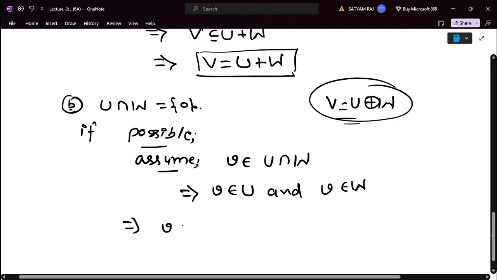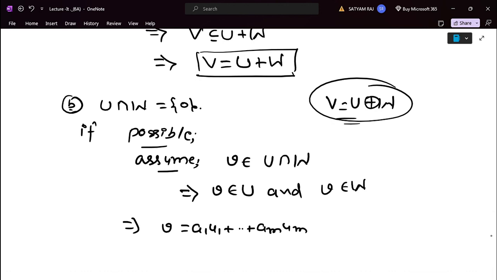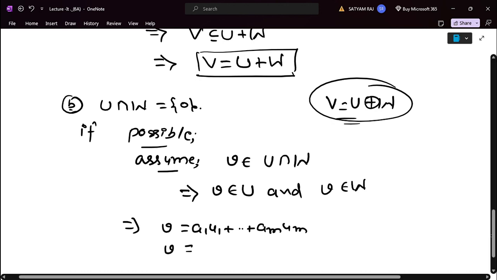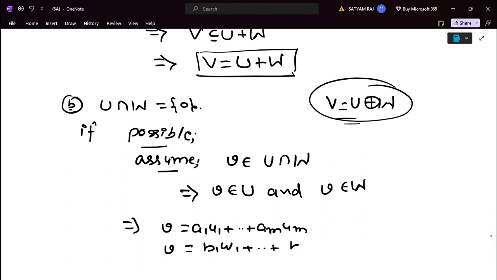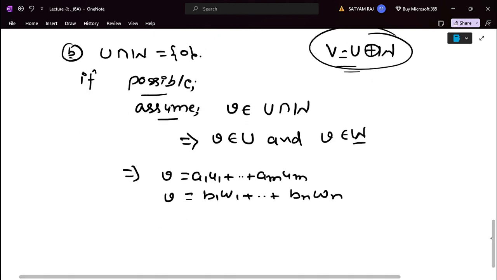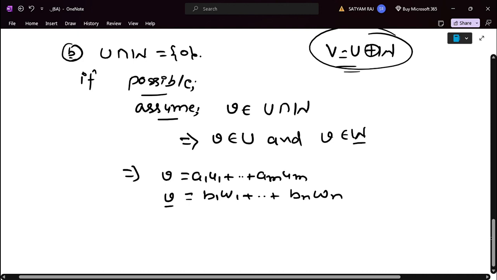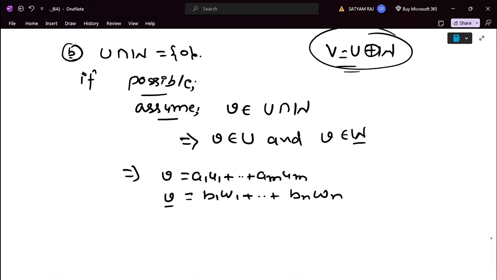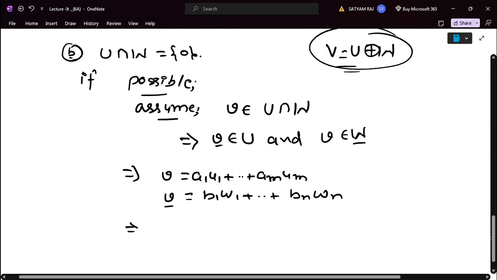So we can write v as a linear combination a1 u1 plus dot dot am um, and this also can be written as v equal to b1 w1 plus dot dot bn wn, because W is spanned by w1 to wn. Since u1 to um is a basis for U, any vector can be written as a linear combination of the basis elements.